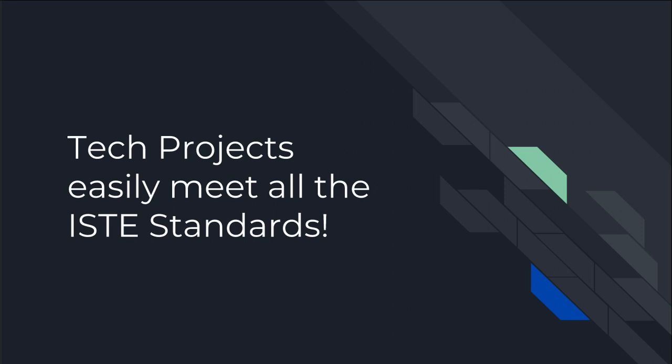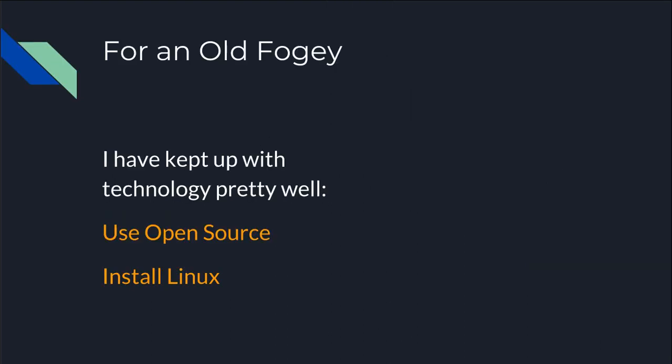You're going to meet all the ISTE standards. It's sort of like when my college asks, in my critical thinking class, how are you going to meet the soft skill of teaching critical thinking? Easily, by teaching critical thinking. So that takes care of the ISTE standards for most of my project.